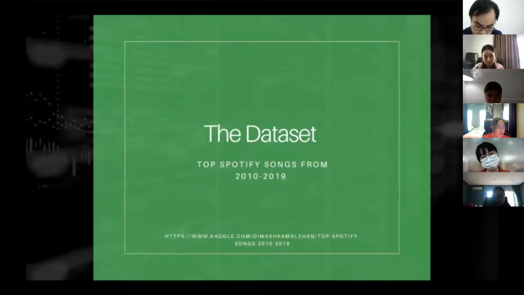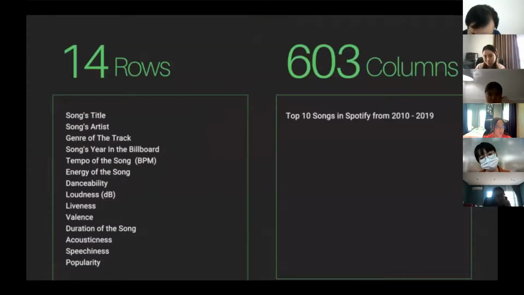Let's see the data set that I'm using. The data set is from a website called Kaggle. The name of the data set is Top Spotify Songs 2010 to 2019. This data set consists of 14 rows and 603 columns.